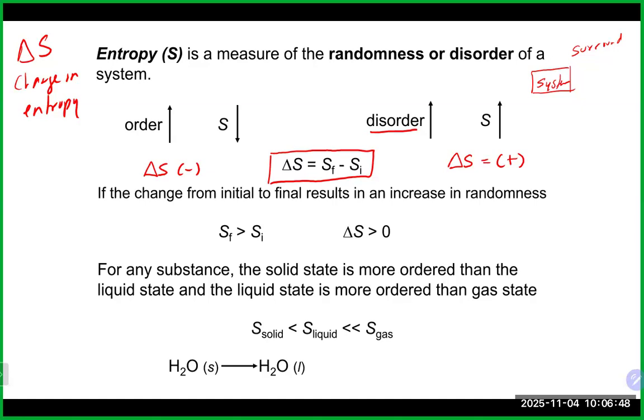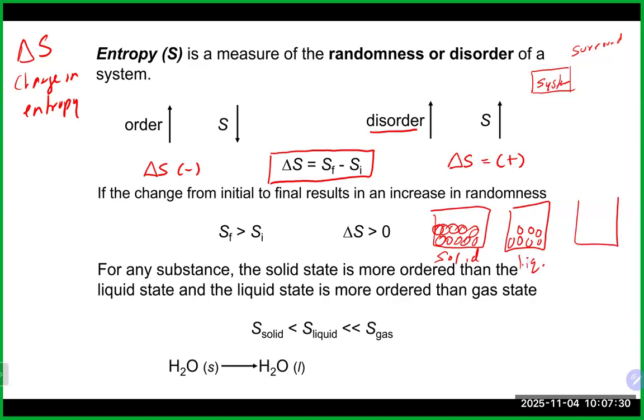Probably one of the easiest things to see that with is changes of state. Obviously, in a solid situation, everybody is pretty packed in there, tight to each other, pretty organized. And in the solid state, we would have a lot more order, a lot less disorder, and again would have more of a negative entropy versus a liquid phase where they're still fairly organized, but there is definitely a lot more energy, a little bit more movement happening, so a little bit more disorder in the liquid state than we have in the solid state.